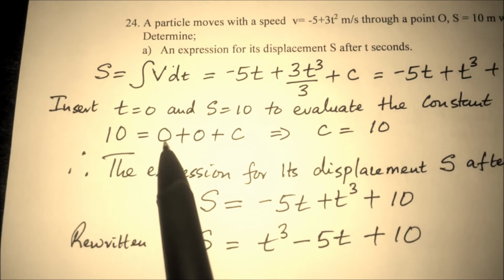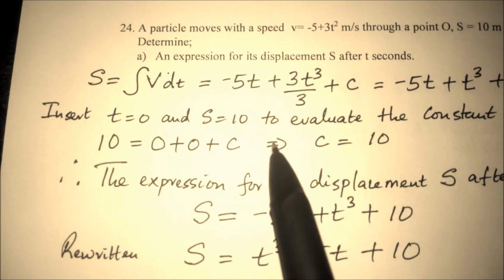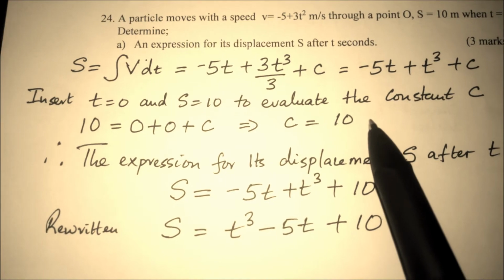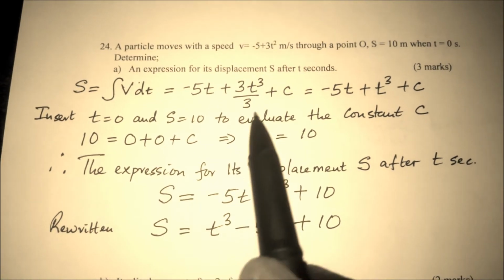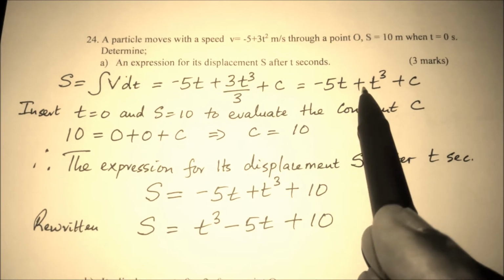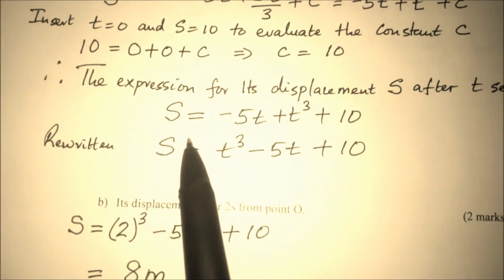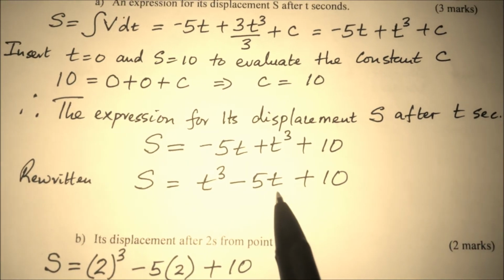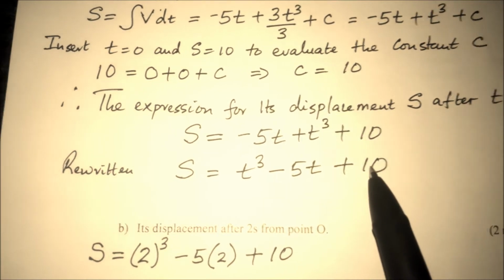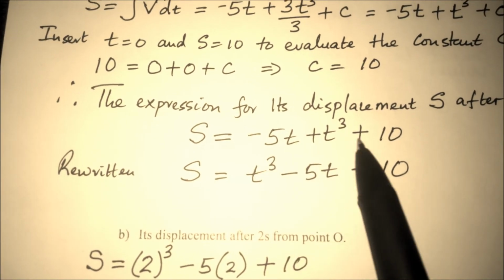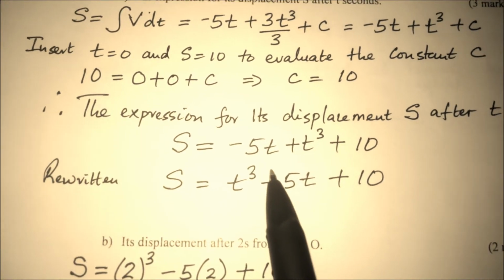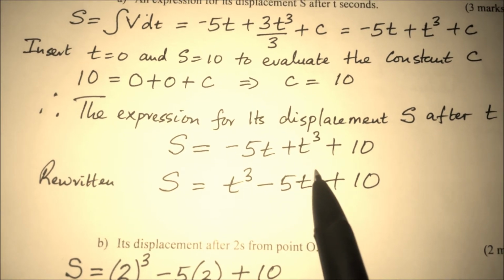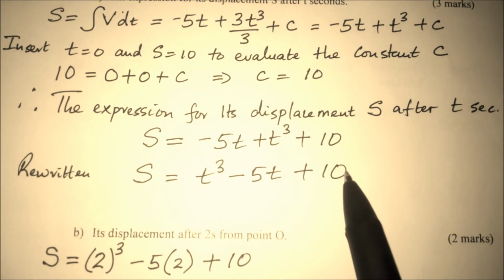So 10 equals 0 plus 0 plus c, and this gives us a value of c equals 10. So substituting the value of c into the expression, we have s equals t power 3 minus 5t plus 10. It has been rewritten in an orderly way so that we have the power of 3 coming first, followed by the power of t raised to power 1 and the power of t raised to power 0.